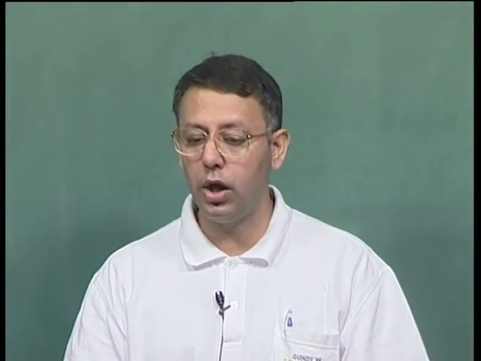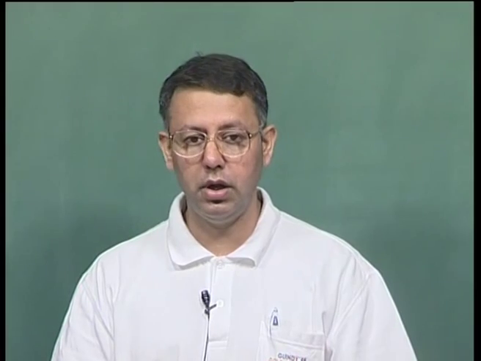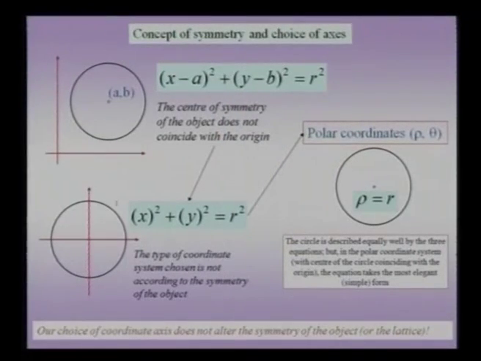So let us consider a circle, and now I will use 3 kinds of axis systems, 2 of them being the orthogonal normal Cartesian coordinate systems, and one will be a polar coordinate system to describe a simple circle. The circle is described by 2 Cartesian coordinate systems, the one here on the left and the one below that, and one polar coordinate system.